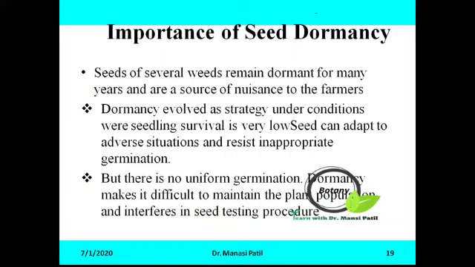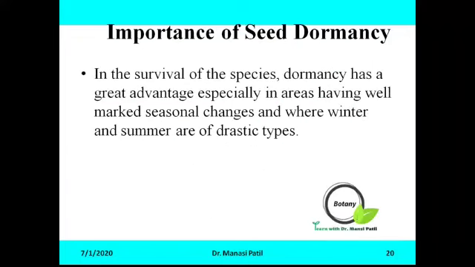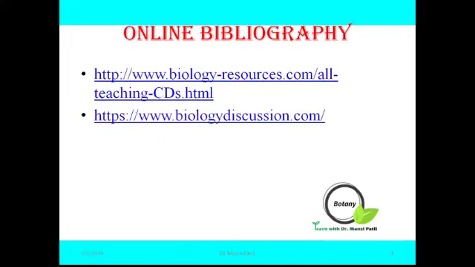Dormancy makes it difficult to maintain the plant population and interferes in seed testing procedures. In the survival of the species, dormancy has a great advantage, especially in areas having well-marked seasonal changes, where winter and summer are of drastic types.